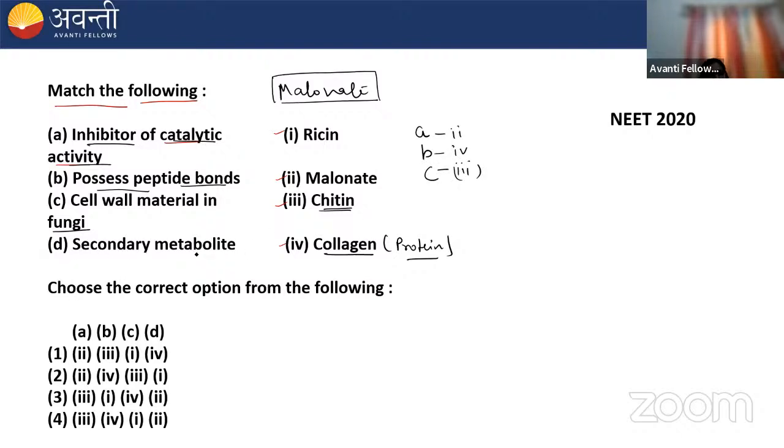Secondary metabolites, ricin. Ricin is a toxin. Abrin, ricin, these are toxins. So secondary metabolite D is 1. So A second, B fourth, C 3, and D 1. So the correct option is number 2. All of you who answered second are absolutely correct. Very good, all.